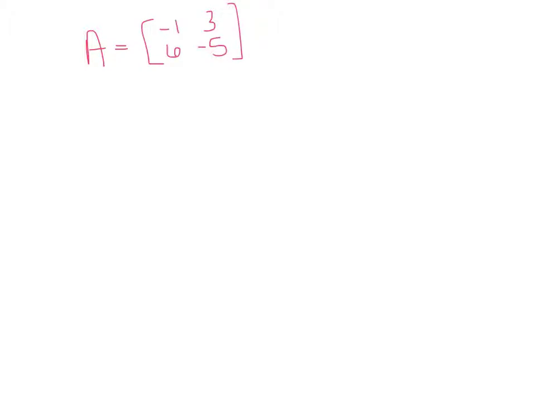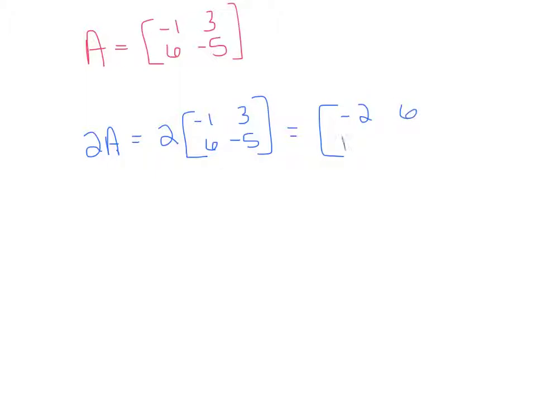So maybe I want to take 2 times A. And so you would write it, 2A, and what that means then is 2 times -1, 3, 6, -5. And then you distribute that 2 to the matrix, to everything in the matrix. So we're going to end up with -2, 6, 12, and -10.